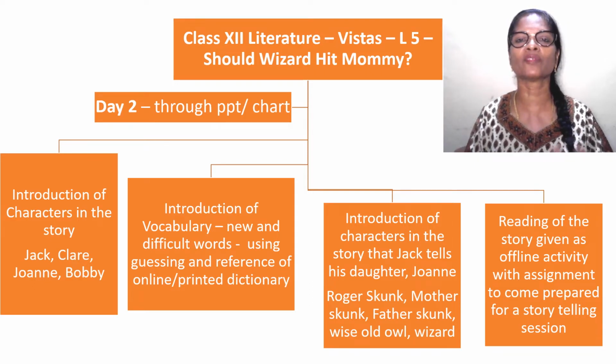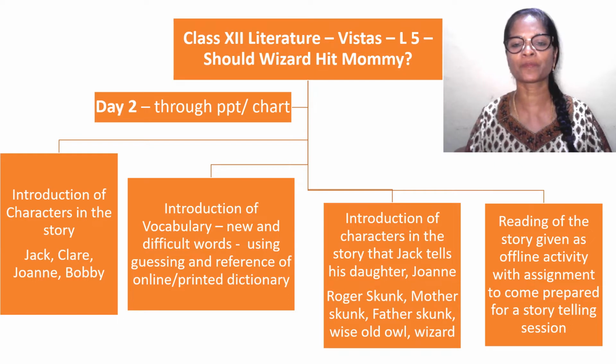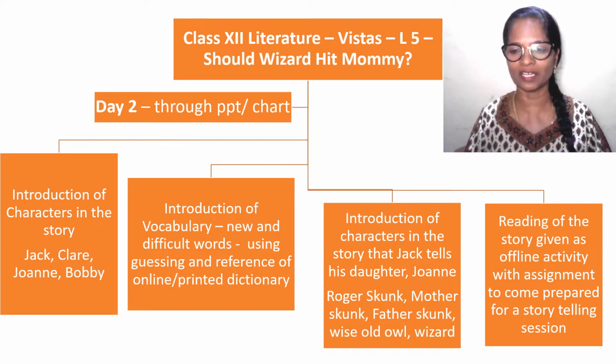Now this is a story within a story. So in the first part you can introduce only Jack, Claire, Joan and Bobby, and then in the next part you can go to the story that he tells, about Roger Skunk, an animal that he creates every time, and the mother skunk, father skunk, the wise old owl who comes in, and the wizard.